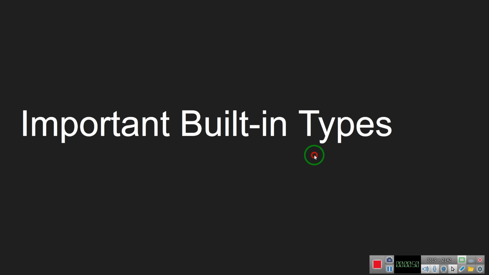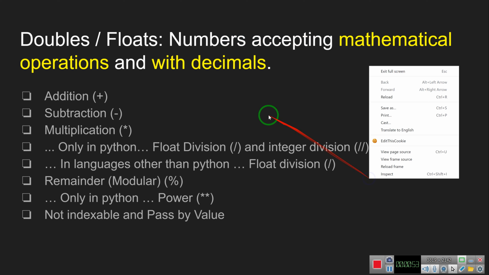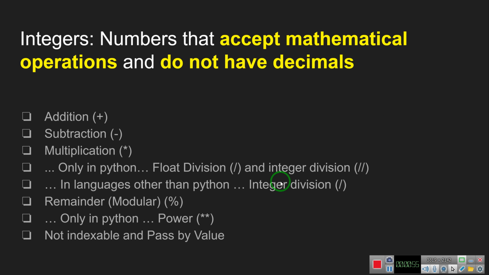So the first type that we use in programming is integers. We use integers as one of our main types. What are integers? They are numbers that accept mathematical operations, for example addition, subtraction, and so on, and do not have decimals.